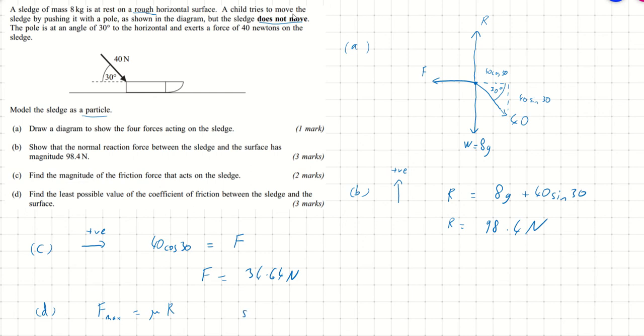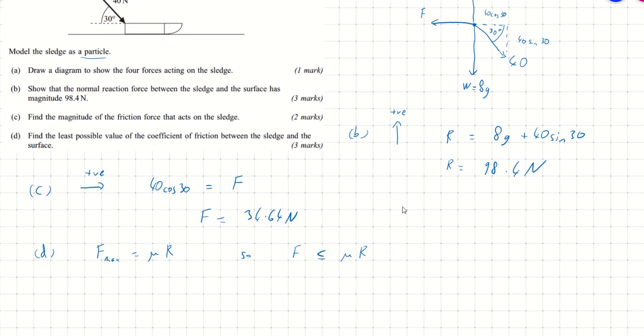So F is less than or equal to mu R. That's the general equation that we're always going to use with friction. Now we know some of these values. We know what F is. That's 34.64. And we don't know what mu is, but we know R. We worked that out. That was 98.4.